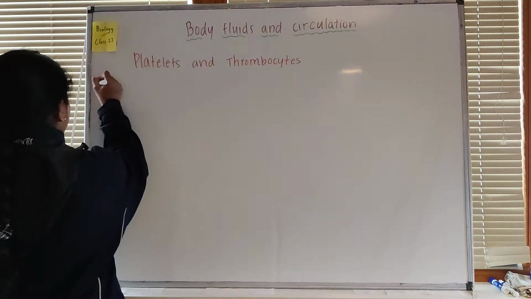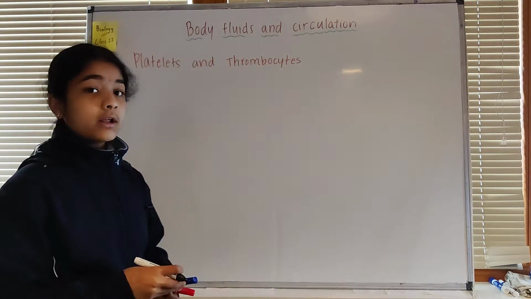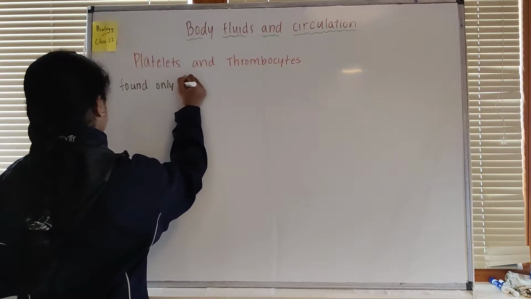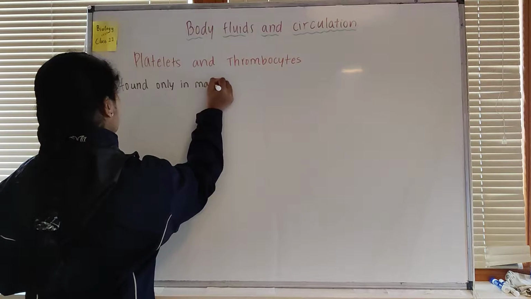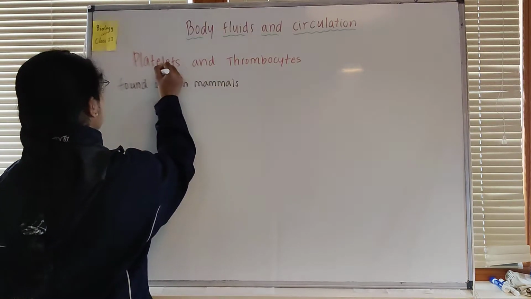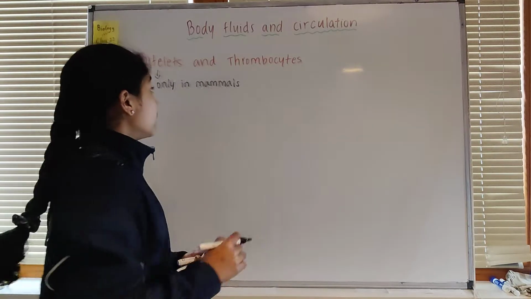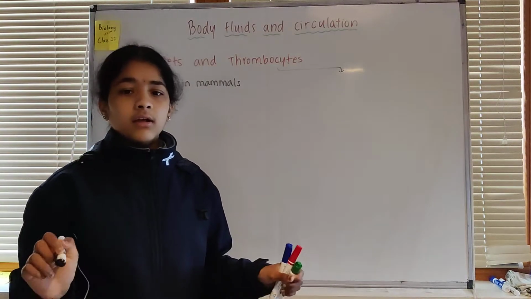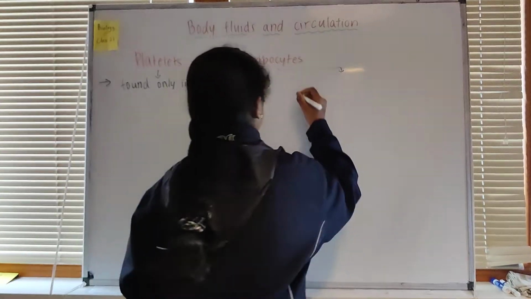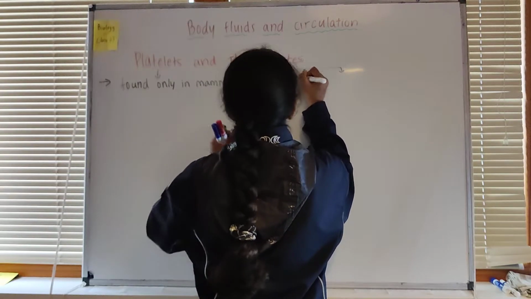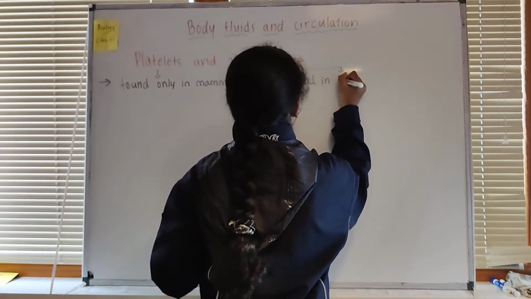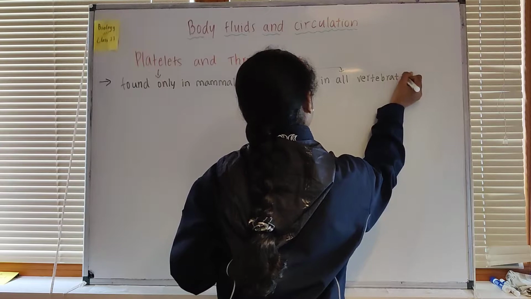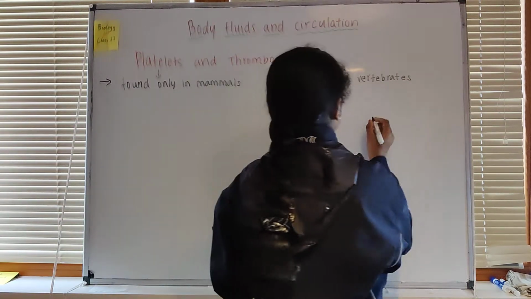Platelets are found only in mammals. Thrombocytes are found in all vertebrates except mammals.